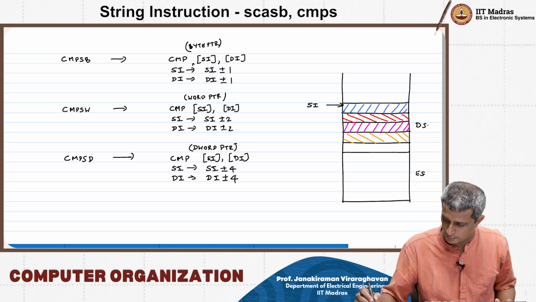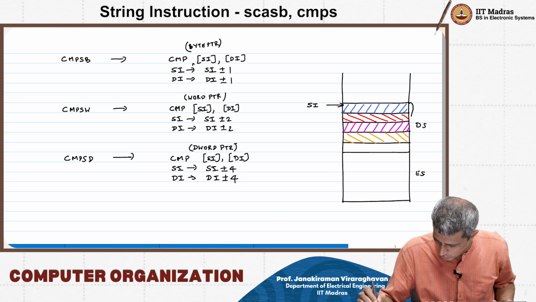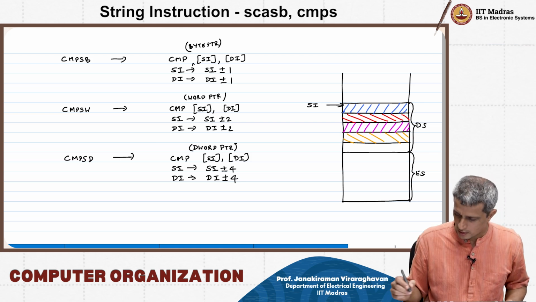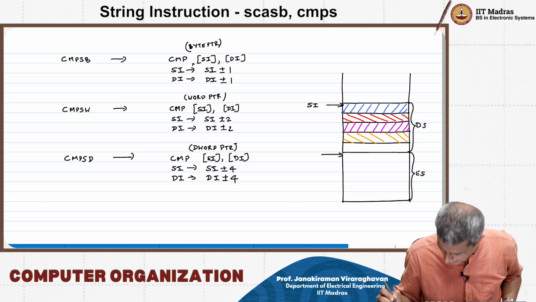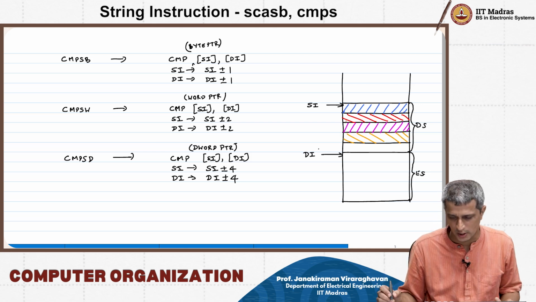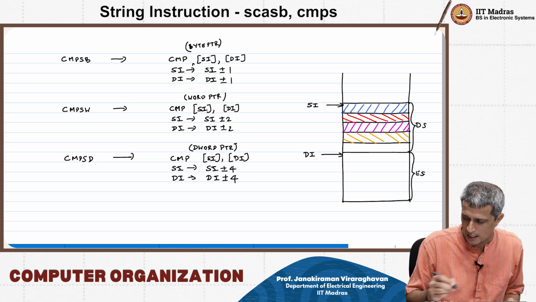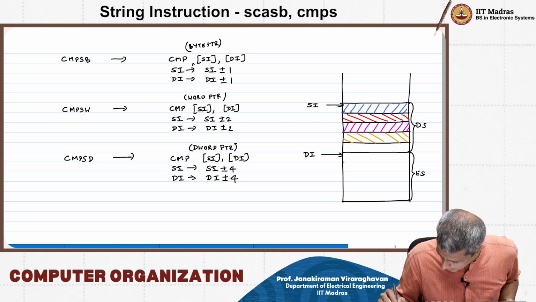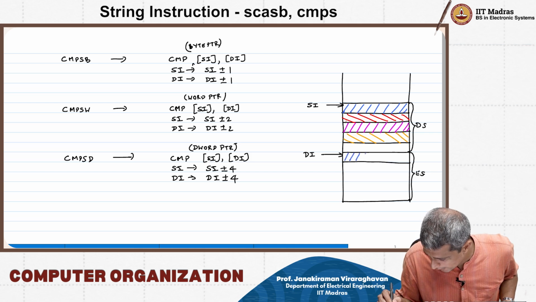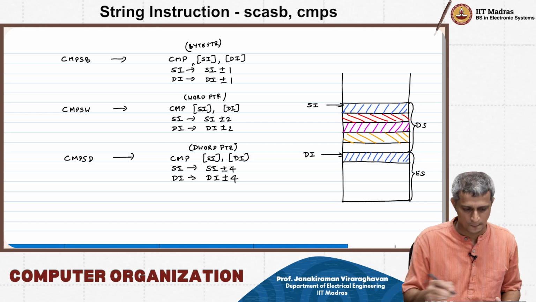Now this is my data segment, this is my extra segment. Okay, so let's assume now in the extra segment my destination index is going to point to a certain array, right, and let's assume that that first location is also blue. Whatever the blue value was in the data segment, it's exactly the same thing.